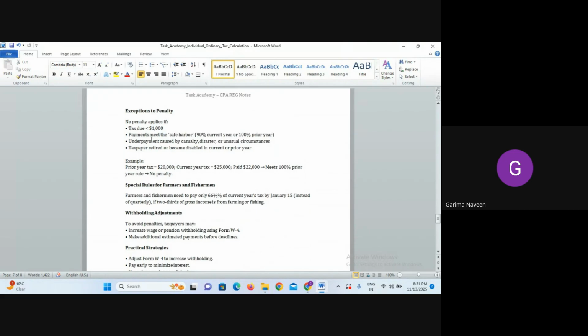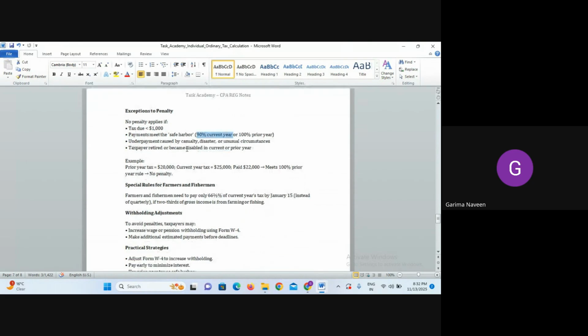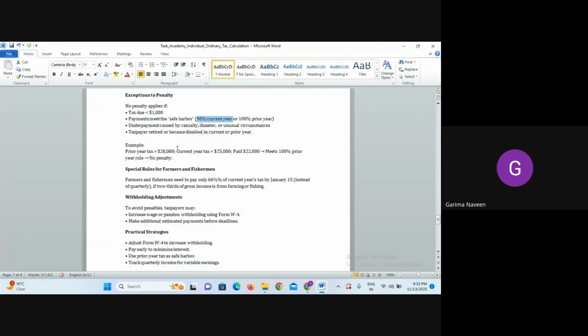Or if the payments meet the safe harbor, meaning you have paid enough, like 90% of the current year or 100% of the prior year tax liability, then the penalty will not apply. If your underpayment is caused by some casualty, disaster, or unusual circumstances, then also the penalty will not apply. If the taxpayer retired or became disabled in the current or prior year, then again the penalty will not apply.